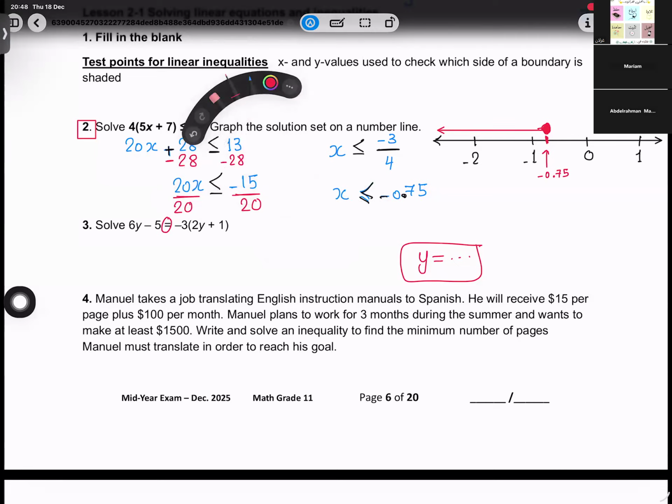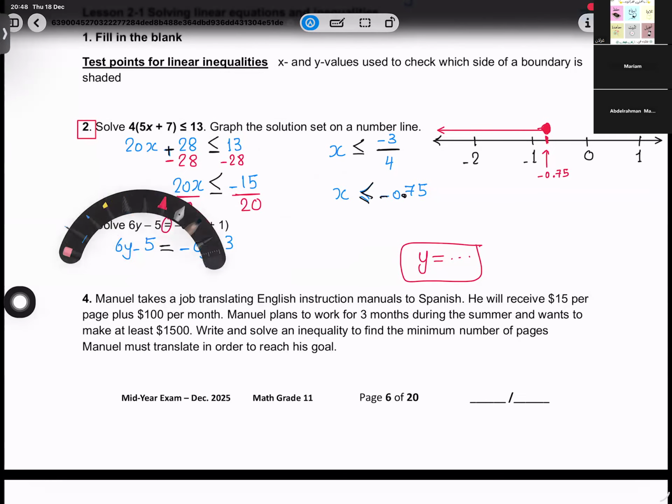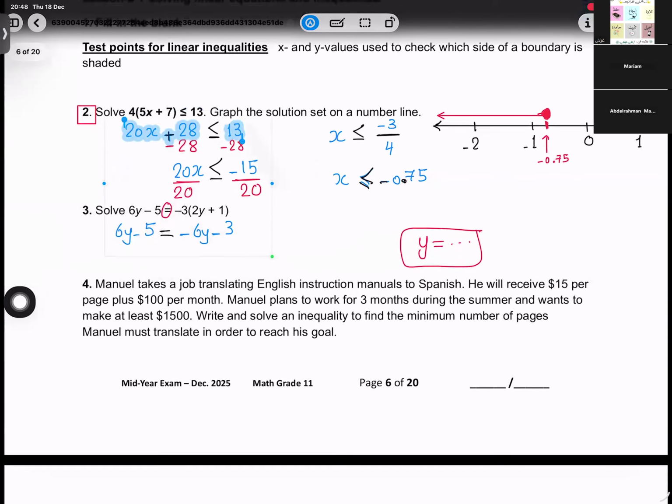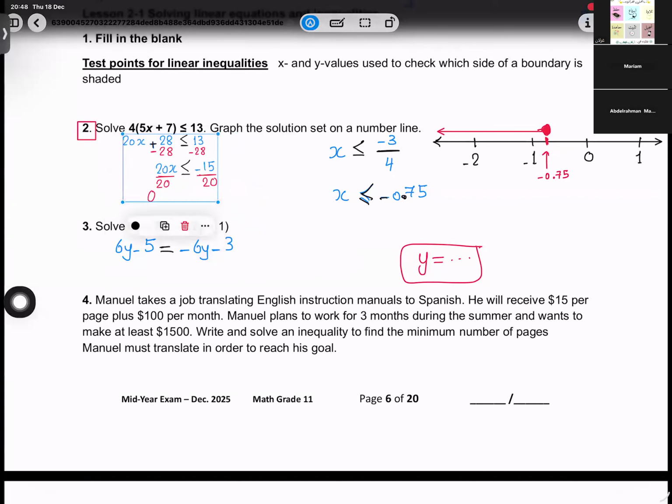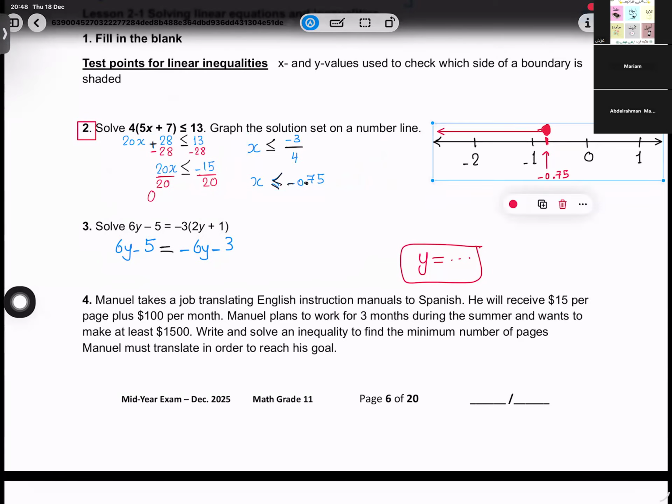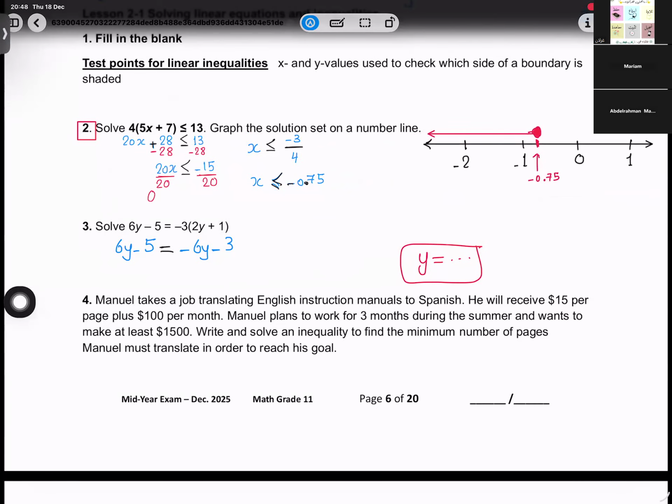Right side would be negative 6y and negative 3. And then you move the 5 to isolate the y. So it becomes 6y equal to minus 6y plus 2.